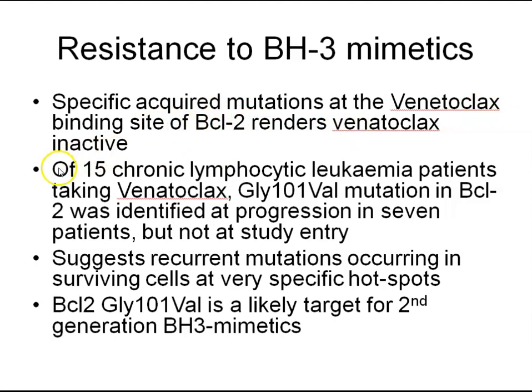So what tends to happen by treating with venetoclax long term is you get mutations such as this glycine to valine mutation in BCL2, which causes a change from glycine 101 to valine 101 in the BCL2 protein. This prevents venetoclax from binding, and therefore these cells are resistant to that mechanism.